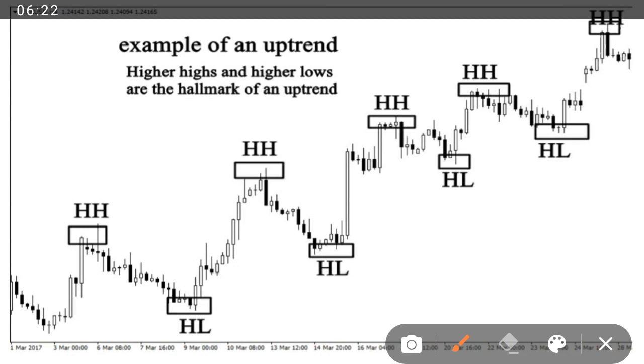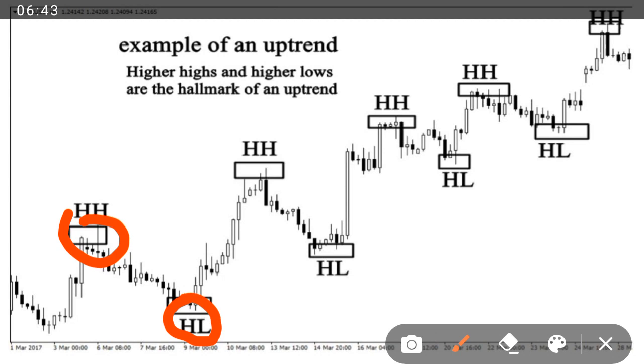The upper swing point, that's where the reversal took place, like this, is the high. Then where the price reversed down is called lows.